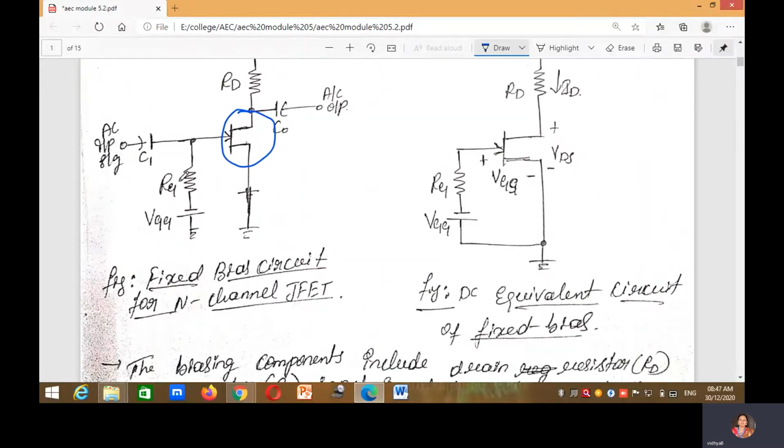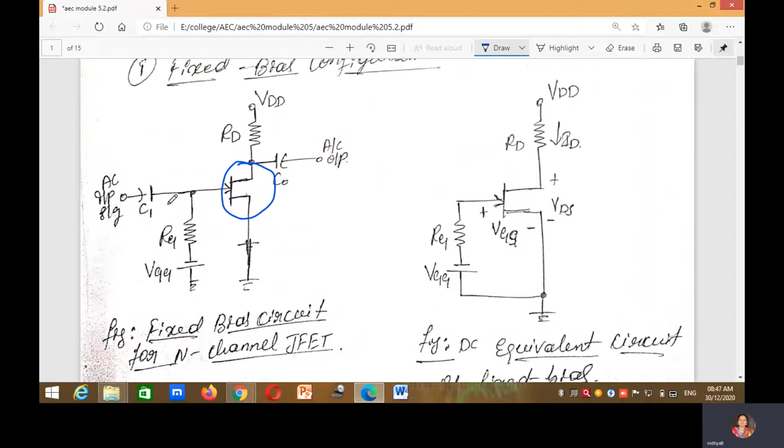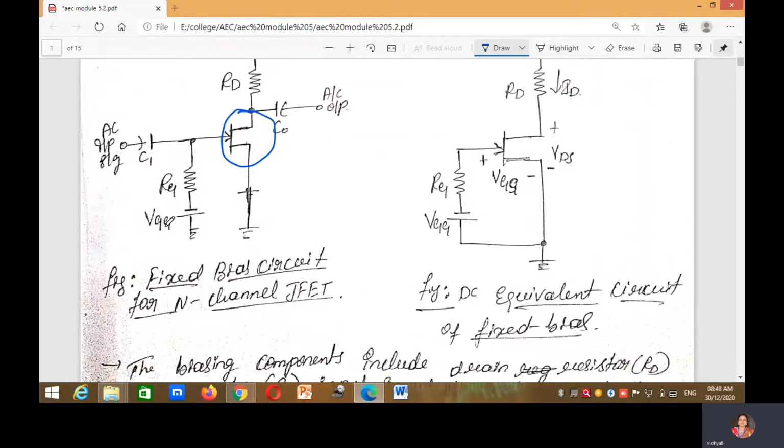The rest is all the same. For the drain there is a resistance connected, and for the input side also a resistance is connected, that is for the base in BJT. Here, for the gate, one resistance is connected, that is RG.